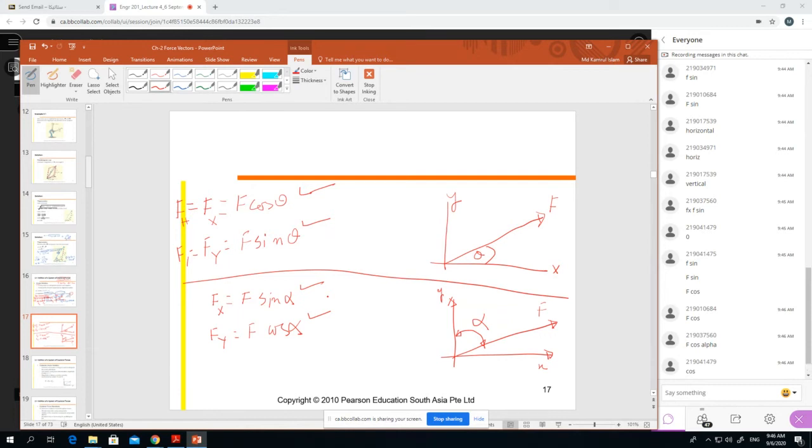That's why I wrote it down specifically. Cosine follows the right angle, right? I can say that Fx equals F cosine of theta minus 90, right? It will give the same answer.